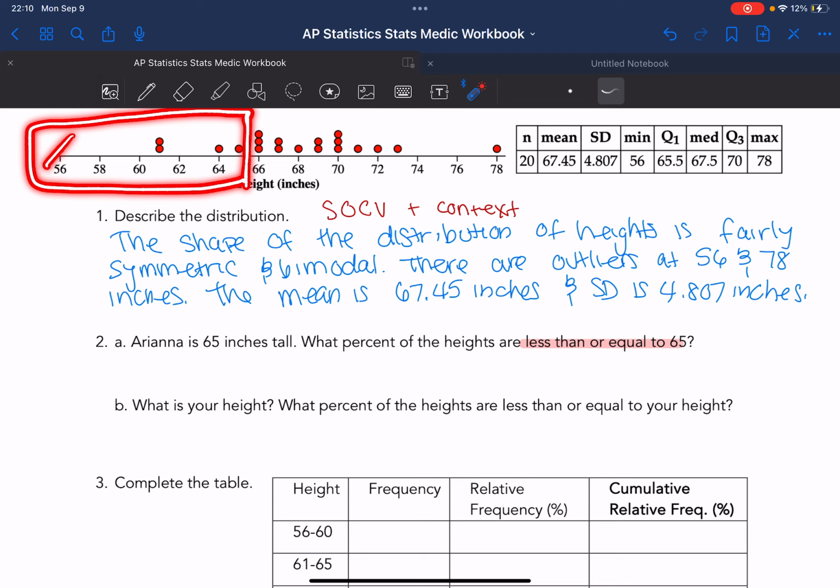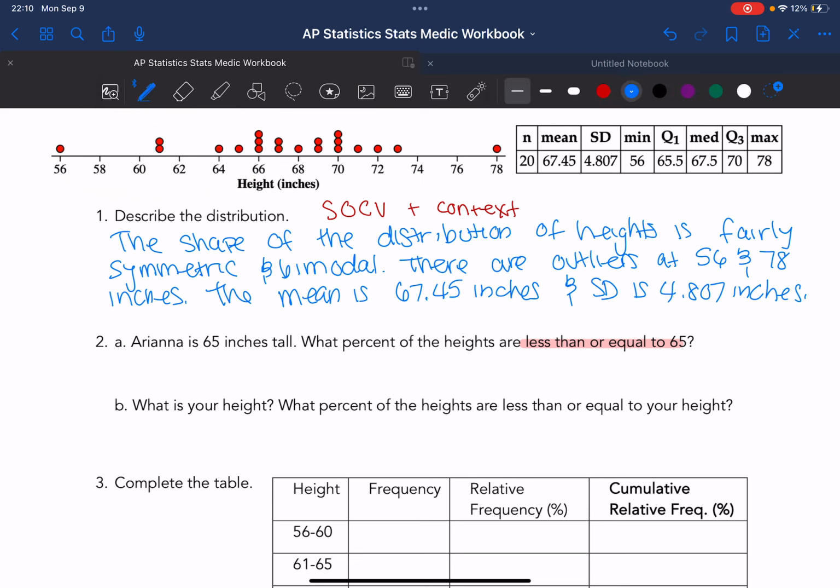So there's 1, 2, 3, 4, 5 dots. So that's 5 people who are 65 inches or shorter. So we have 5 divided by 20. 20 is the total amount of AP students, which gives us 0.25, which gives us 25%. So 25% of heights are less than or equal to 65.